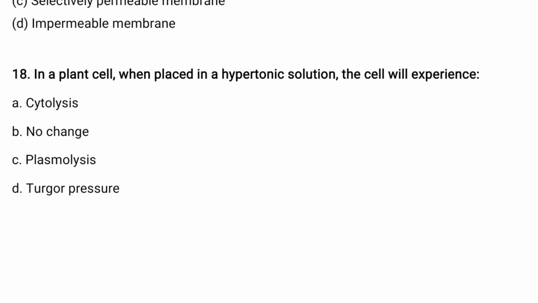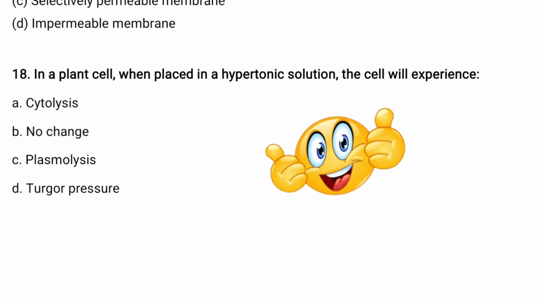In a plant cell placed in hypertonic solution, the cell will experience. Options are cytolysis, no change, plasmolysis, turgor pressure. When a cell is placed in higher concentration solution, that means hypertonic solution, water comes out of the cell, resulting in the shrinking of protoplast away from the cell wall.